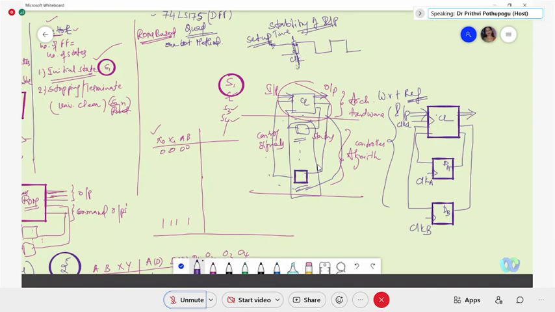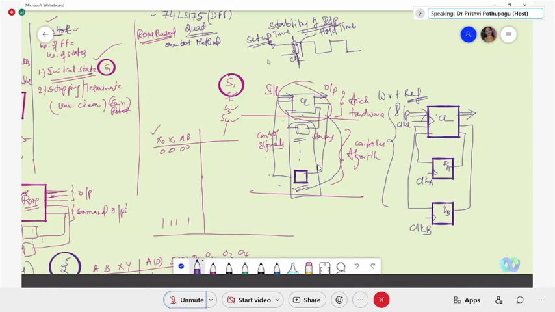And not only that, the moment your clock goes from 0 to 1, there should be some duration for which the input is still stable, holding the same value, after the clock edge of 0 to 1 has happened. This is what we call hold time.